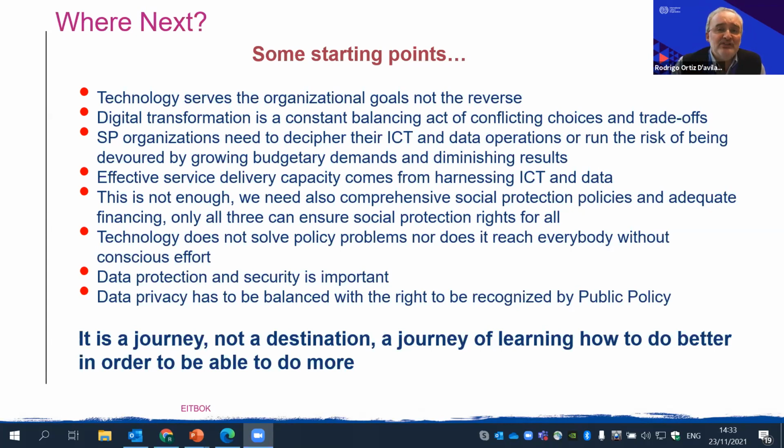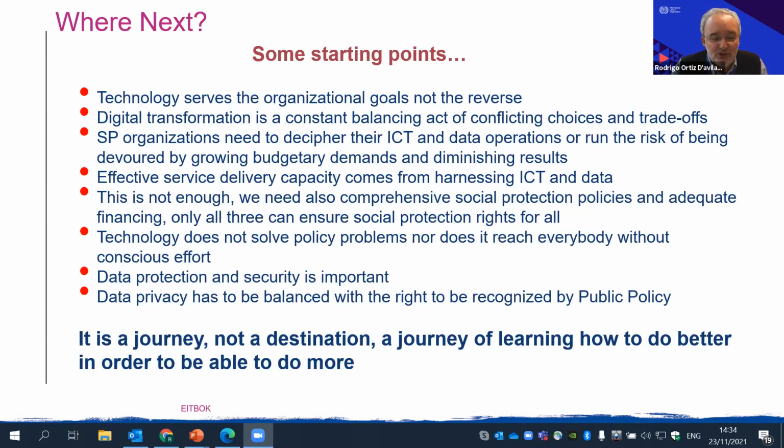Social protection organizations, social security organizations, they need to decipher their ICT and data operations. Otherwise, we run the risk of being devoured by growing budgetary demands and diminishing results. Because if on one hand, effective service delivery capacity comes really from harnessing ICT, technology, and your data, it's not enough.